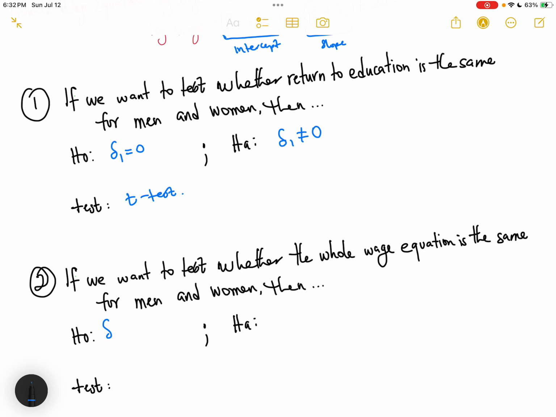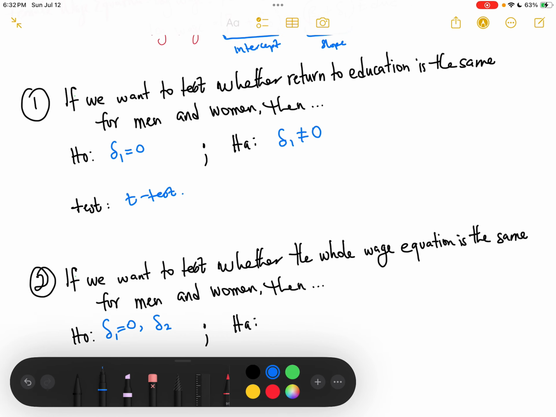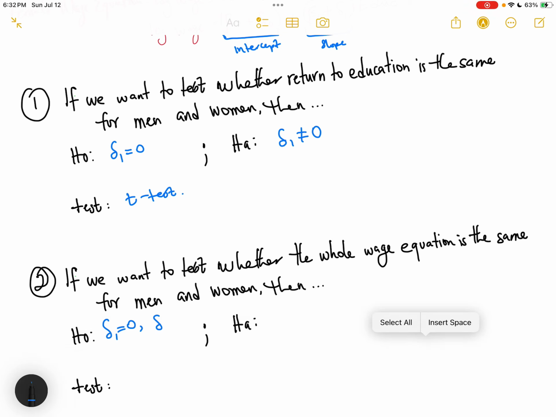So in the null hypothesis, delta 1 is 0 and delta 0 is 0, and in the alternative, both are not 0. In this case, we'll do an F-test, where we compare the full model to a restricted model.